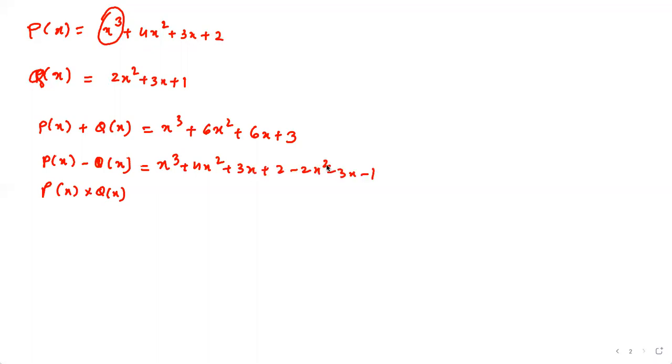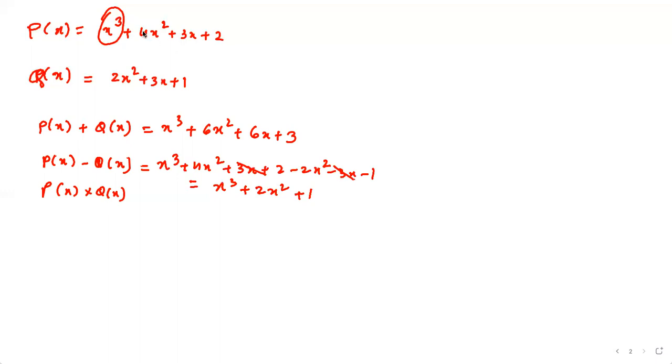When you're subtracting 2 polynomials, you have to change the sign of the second polynomial. This simplifies to x cubed plus 2x squared, the 3x and 3x cancel, and 2 minus 1 is positive 1.